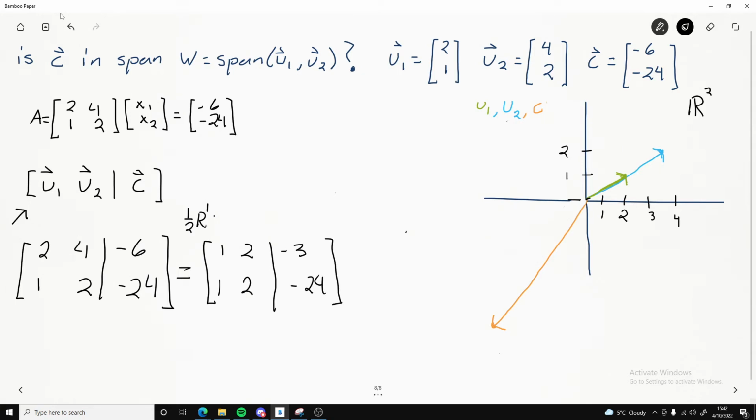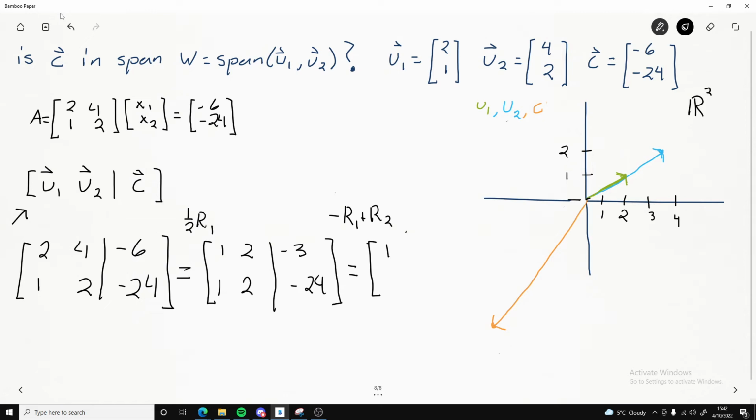And the reason why I put an equal sign is because they are equal. Any row operation is reversible, meaning it's equal. And so now let's go ahead and do negative row 1 plus row 2. I shouldn't have put this as a superscript, I should put this as a subscript.